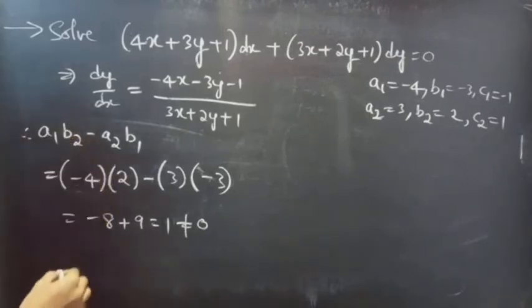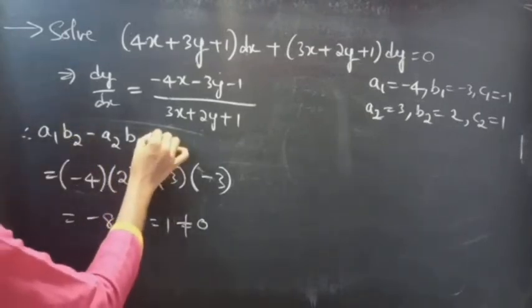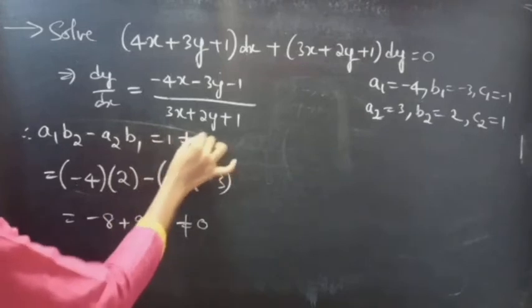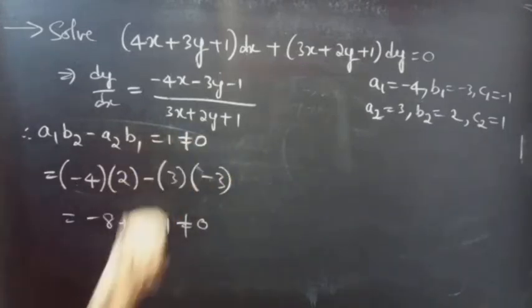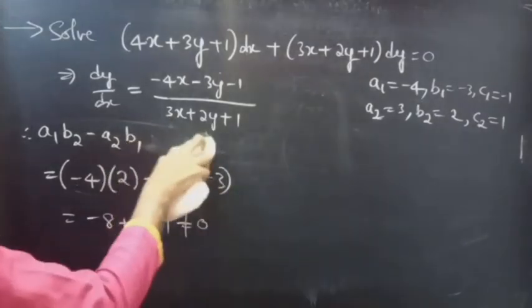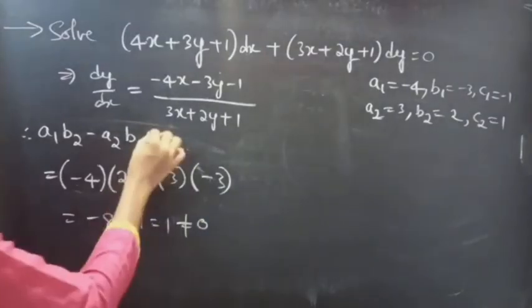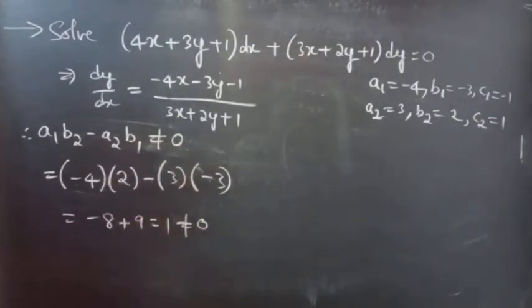Therefore a1 b2 minus a2 b1 equals 1, which is not equal to 0, or simply a1 b2 minus a2 b1 is not equal to 0.